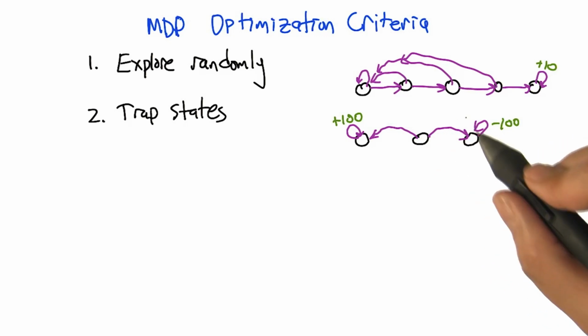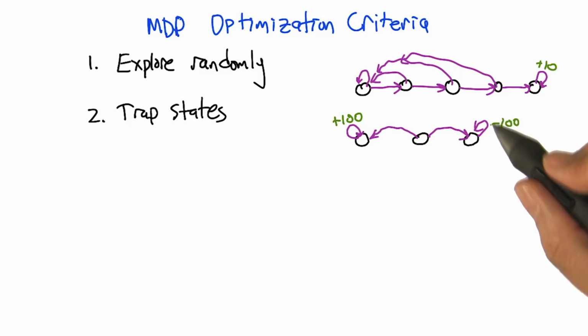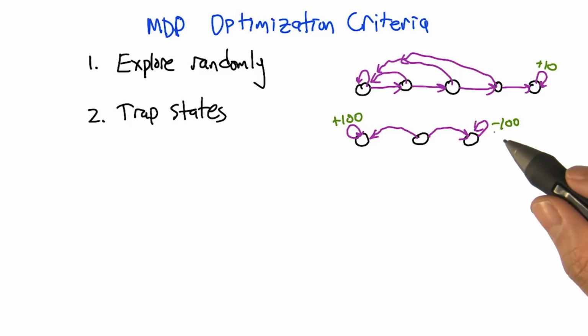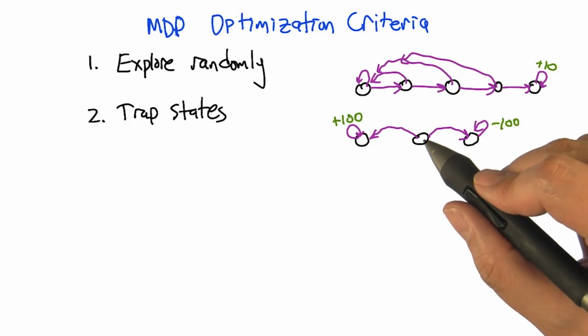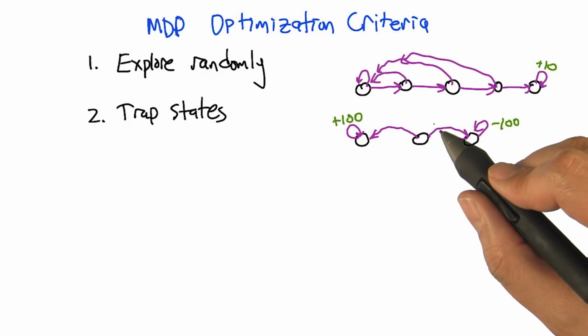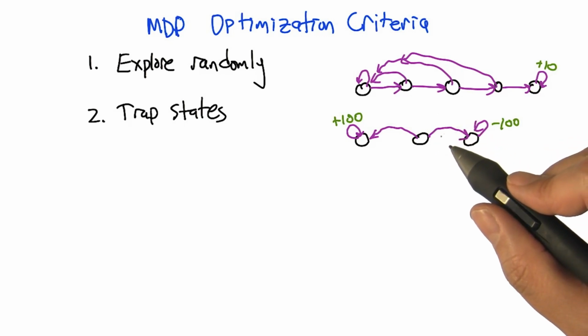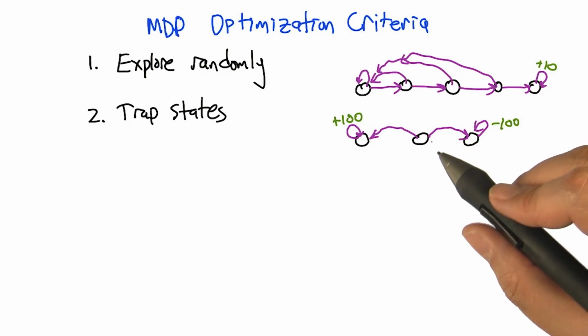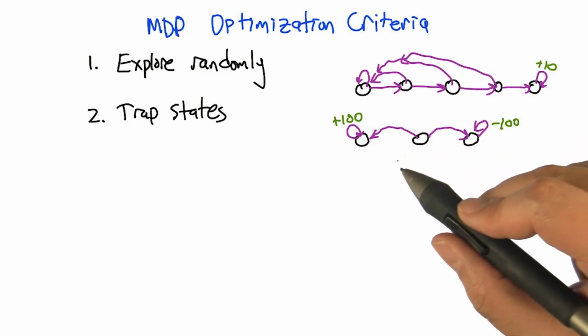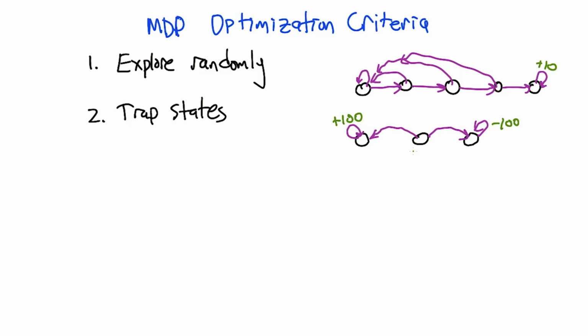If we choose not wisely, then we get stuck in this trap state and we get bad reward forever and there's no way out. And so in the reinforcement learning setting, we don't know where the different arrows are pointing until we try it. So it's a little bit unfair to say what we should be doing is maximizing all possible reward values, right? Because it could be that we get ourselves into a position where we just can't anymore.